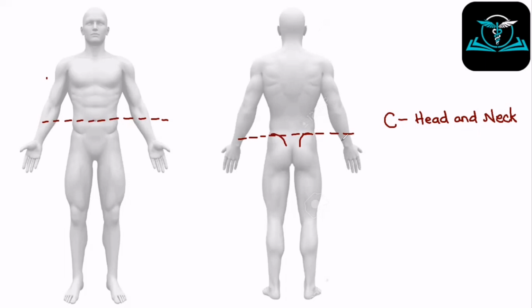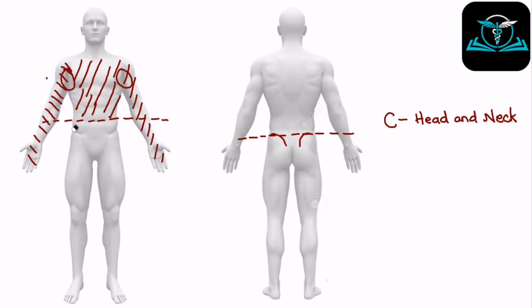And so here we are going to show some general principles. As a general principle, anteriorly, the part of the body above the umbilical line is drained chiefly by the axillary lymph nodes. That is principle number one.